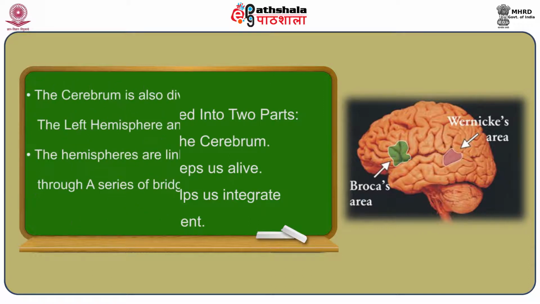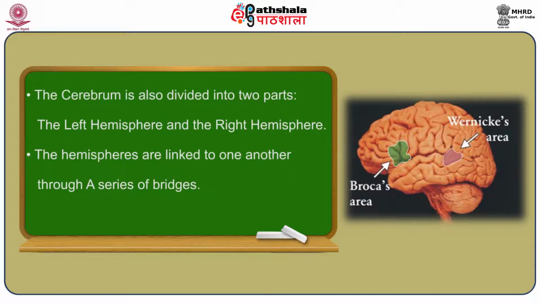So the cerebrum is further divided, as you see in the frame on the slide, into the left hemisphere and the right hemisphere. There are two hemispheres, and there is a lot of interaction between them, although people say that certain functions are for the left hemisphere and certain functions are for the right hemisphere.